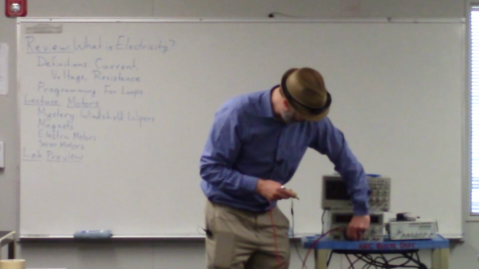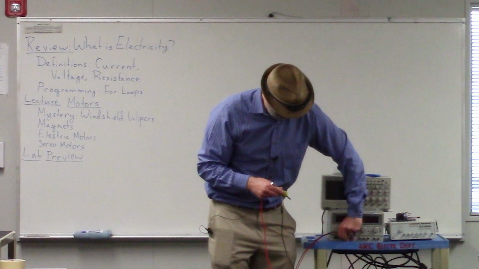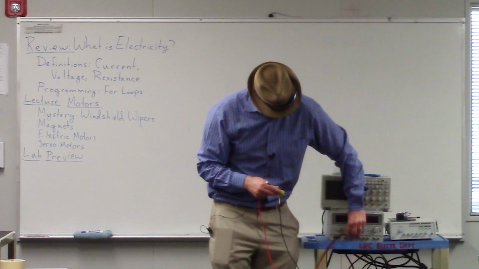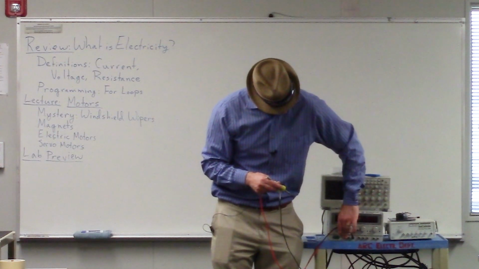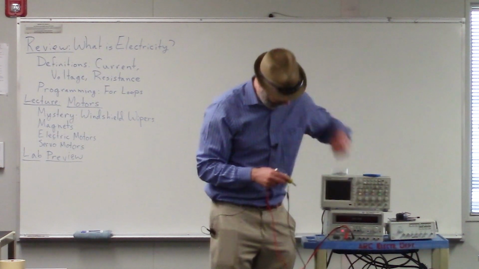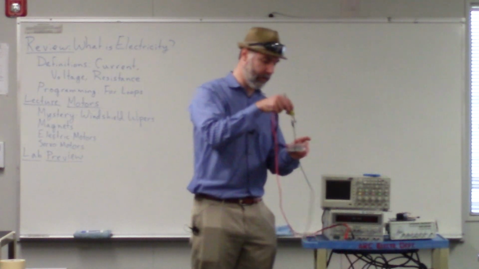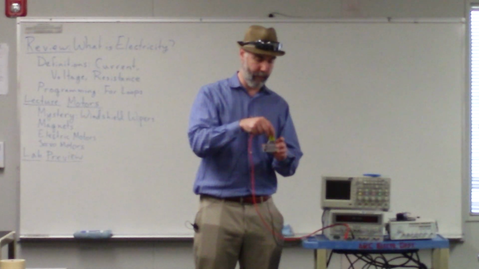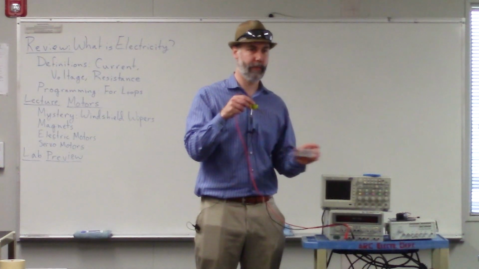And if I switch these around and turn it on for just a second, I bet we'll get rid of that. Yeah, so now all of the magnetism is gone. It's not even picking up one little tiny paper clip anymore, okay?